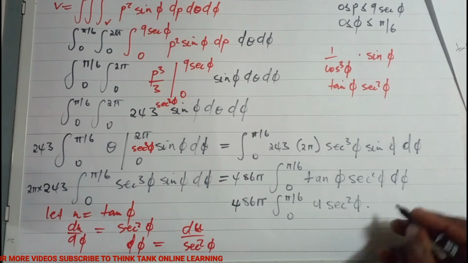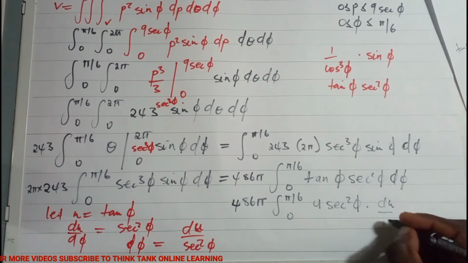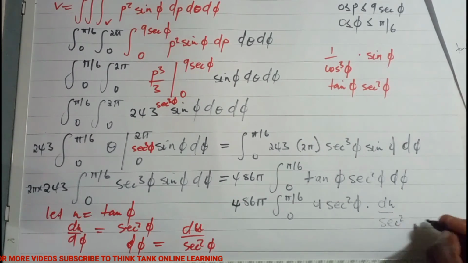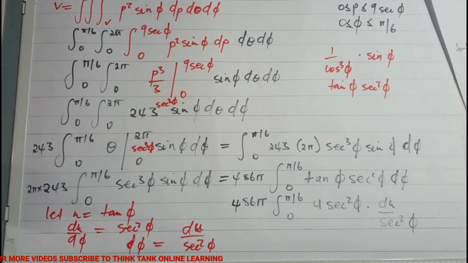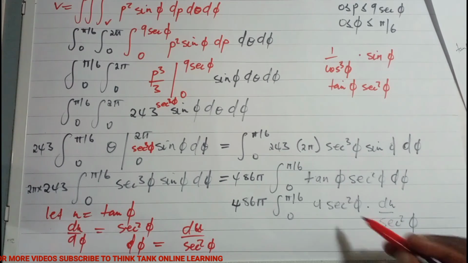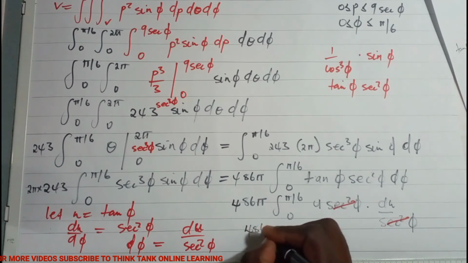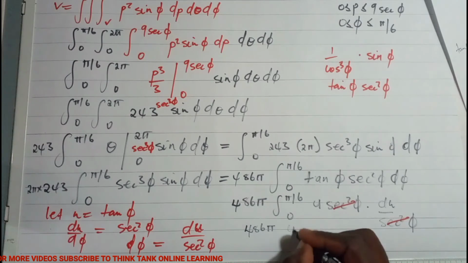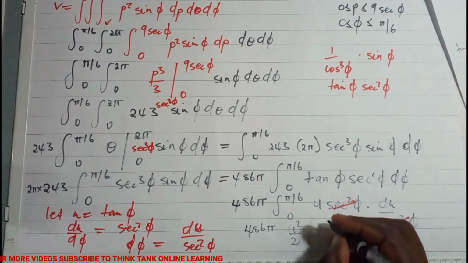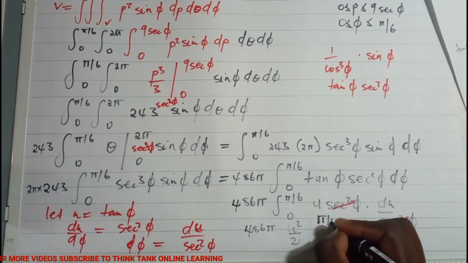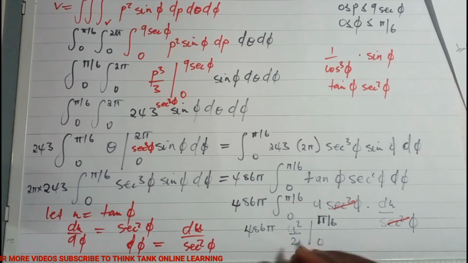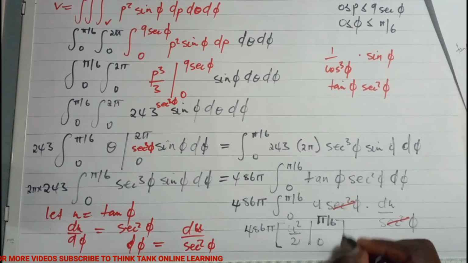Instead of writing d phi, I'm going to write du over secant squared phi. And as you can see, secant squared phi cancels with secant squared phi, and we get u. If I integrate with respect to u, I'm going to get 486 pi u squared over 2, with limits 0 to pi upon 6.